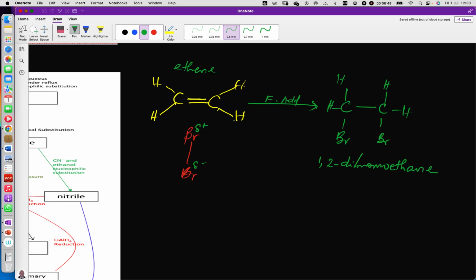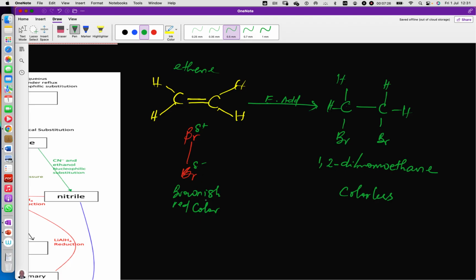Then if you were asked in the laboratory, you will see that bromine is a brownish red color, and this other substance is colorless. Why do we say colorless? This is one of the tests for alkenes. Alkenes will decolorize bromine water.